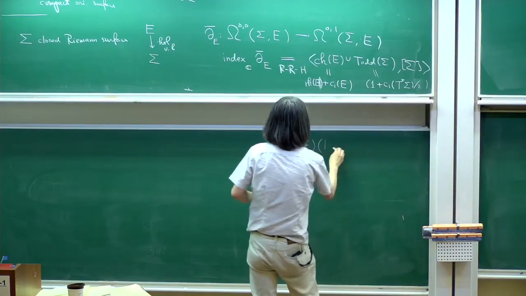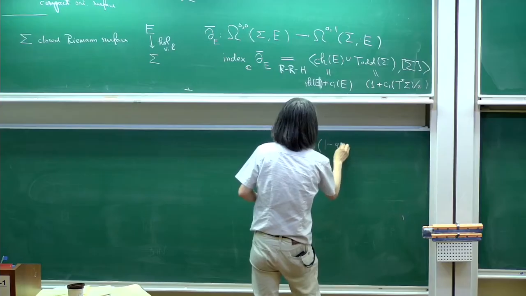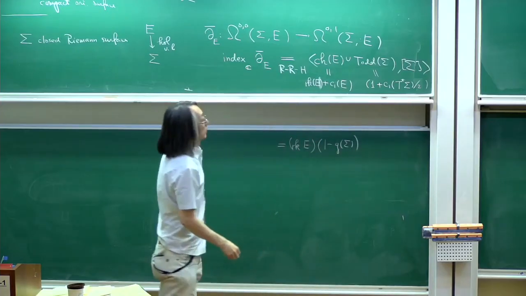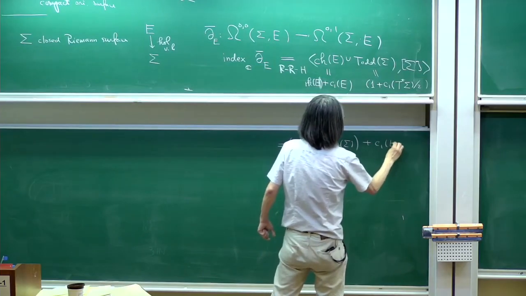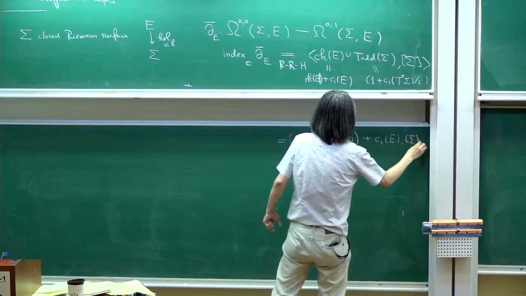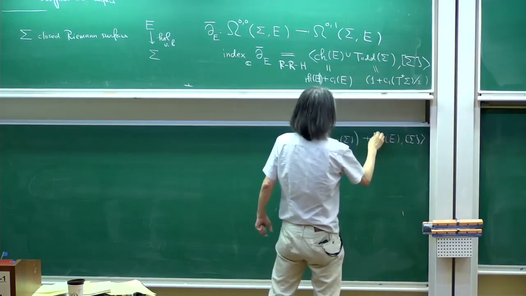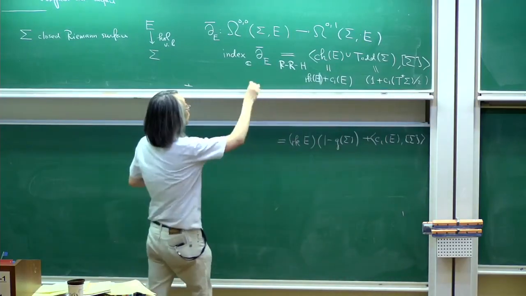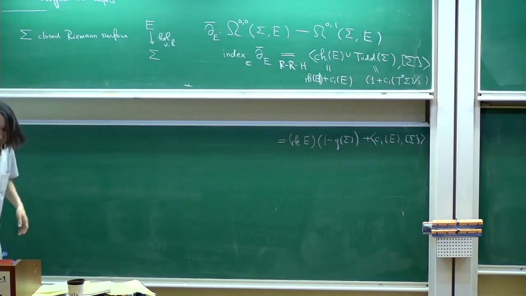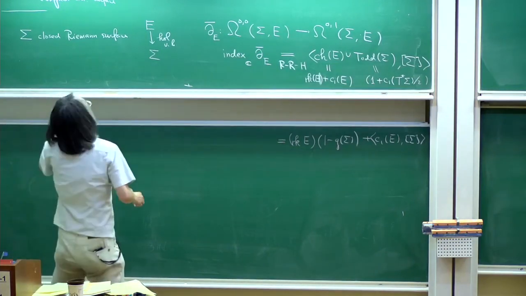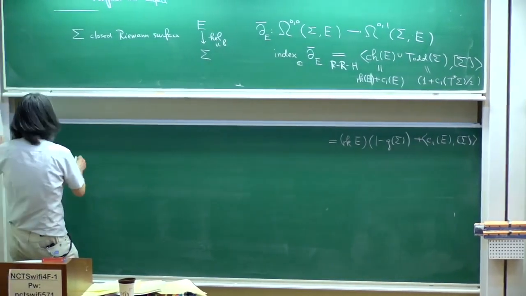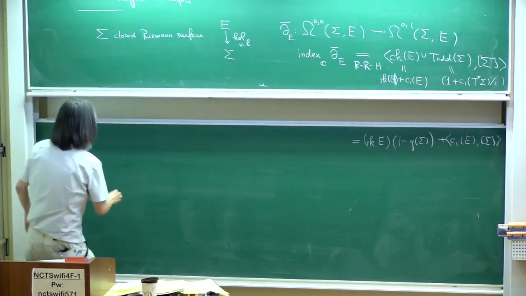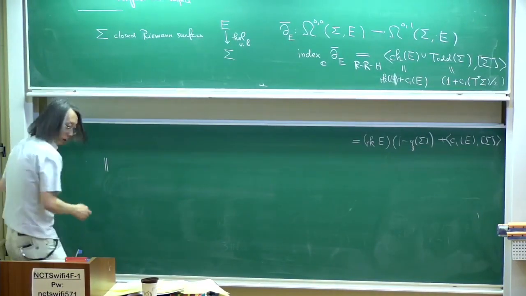So 1 minus g, 1 minus genus, and then I have another one, which is c1 of E. Yes, like this. Because this is one dimension, it is just like this. And so, yes. Now I just consider the case of P1, say.